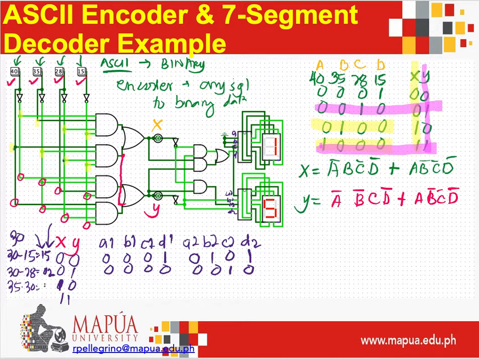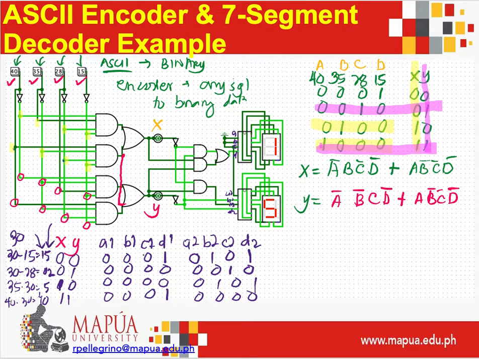And lastly, 40 minus 30 is 10, so we have 0, 0, 0, 1 for 1, and 0, 0, 0, 0. So here we have decoded the given binary data.